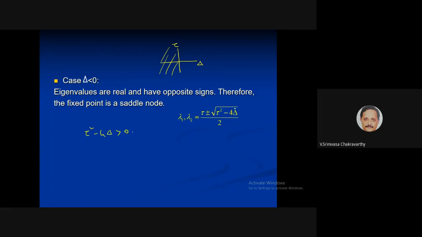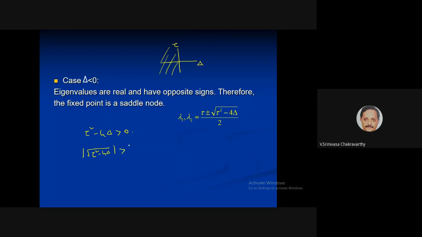Therefore, first of all, the roots are real, and the square root of tau squared minus 4 delta is greater than tau in magnitude, because something positive is added to tau squared.